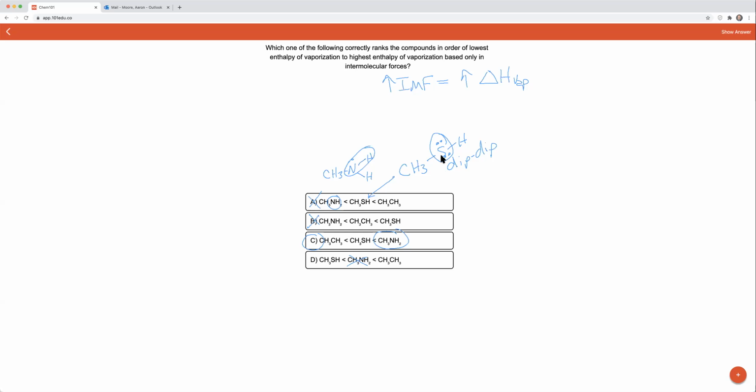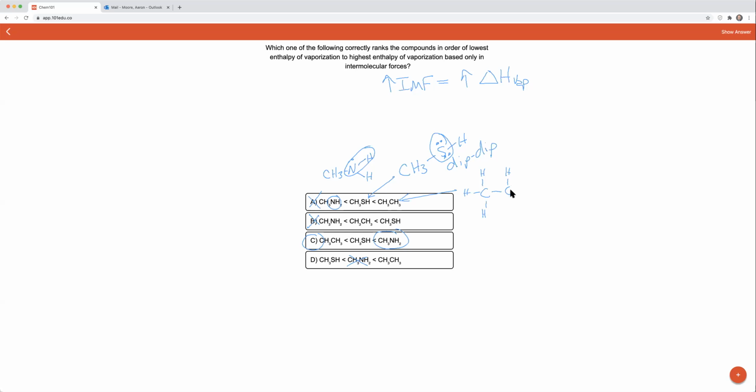Sulfur is right below oxygen in the periodic table, and phosphorus is right below nitrogen. So you look for an element that's in the same group as oxygen or nitrogen, and if that's the case, then it's going to be a polar molecule, and so it will have dipole-dipole intermolecular forces. For this one right there, it is a nonpolar molecule. It has this Lewis structure.